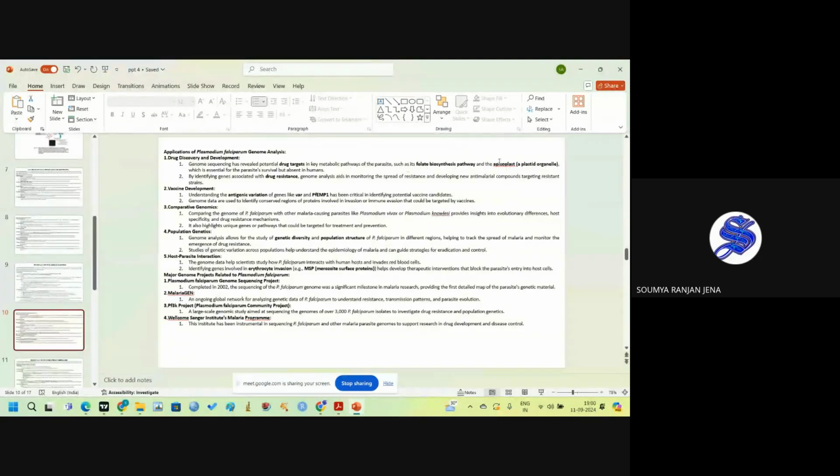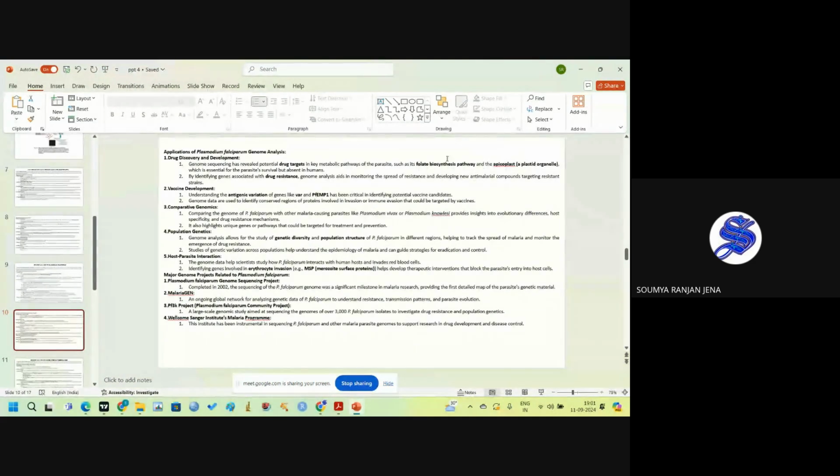And we have to target these because if the parasite's metabolic pathways are similar to ours, then targeting them will also be harmful to us. So this helps us find that the folate biosynthesis pathway and the apicoplast pathway are only in the parasite.